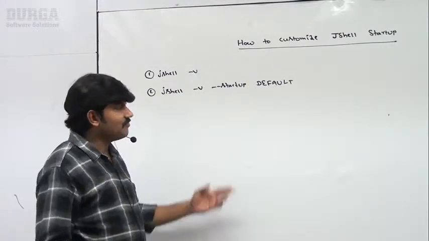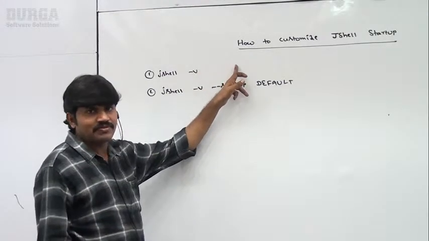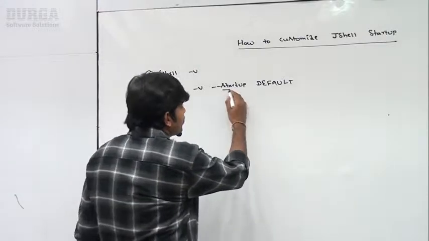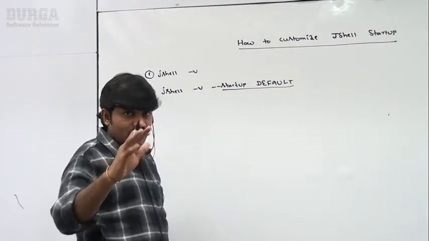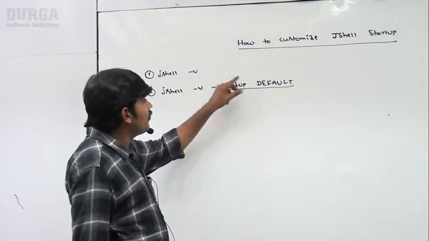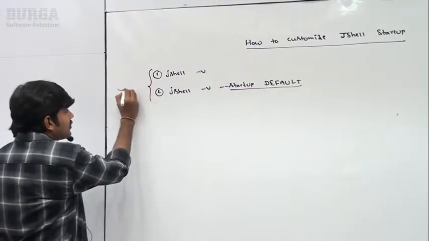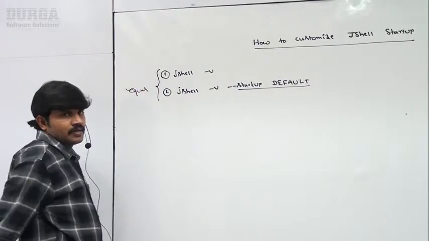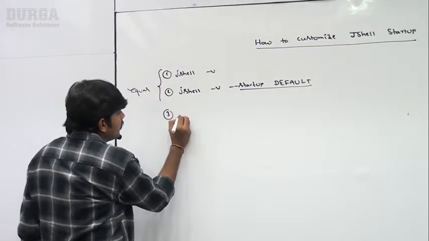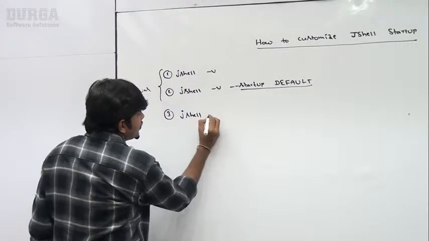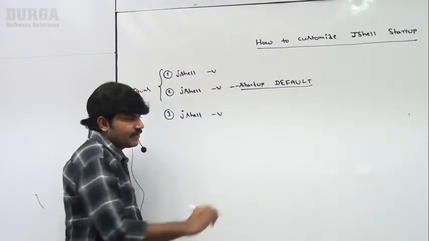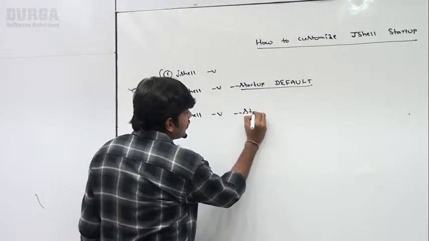No difference. Default imports are already available in the first one. Even if you specify explicitly, no extra things are going to come. So default is already there. Both are the same, equal. Now I'm taking JShell -v -startup test.jsh.